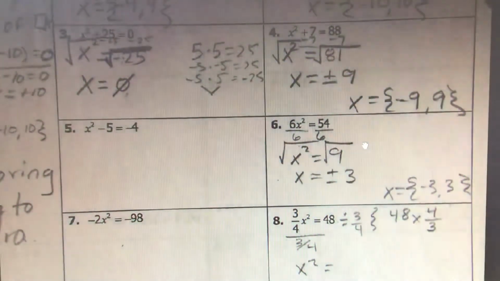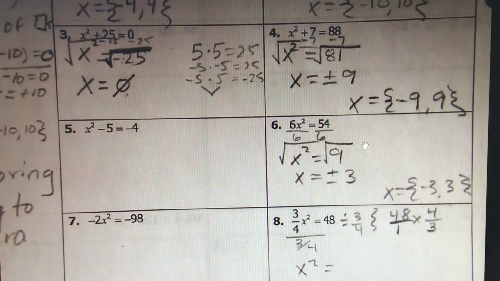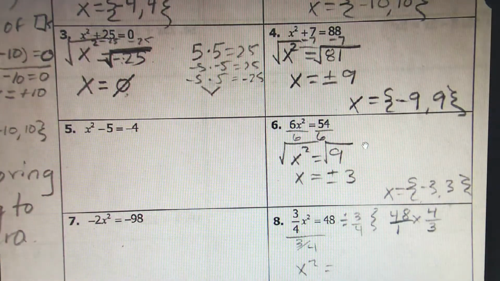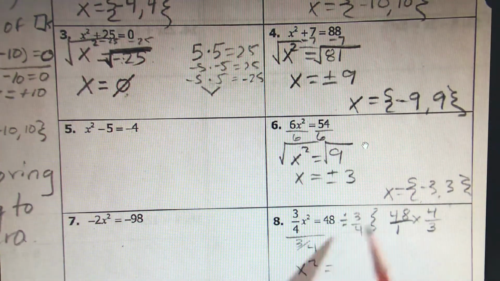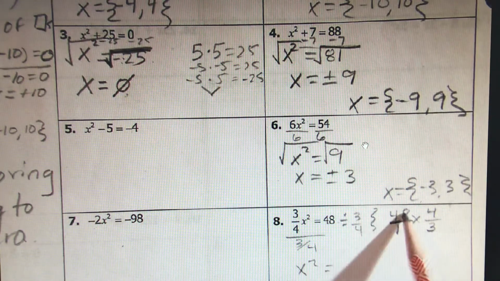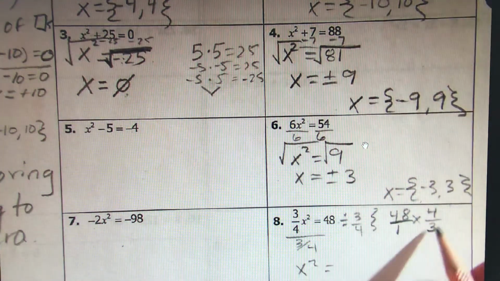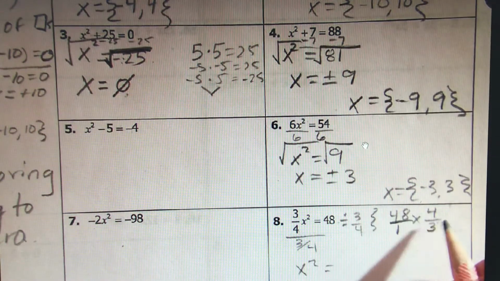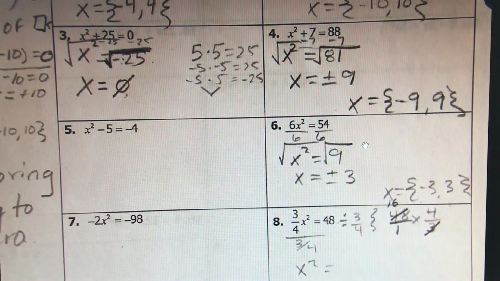Okay, so over here, first of all, I could ask myself, could I do any cross simplifying here? Yes, I can. So again, 48 divided by 3/4 is the same thing as 48 times the reciprocal, or 4/3. Now I can try to simplify. 3 goes into 48 16 times.